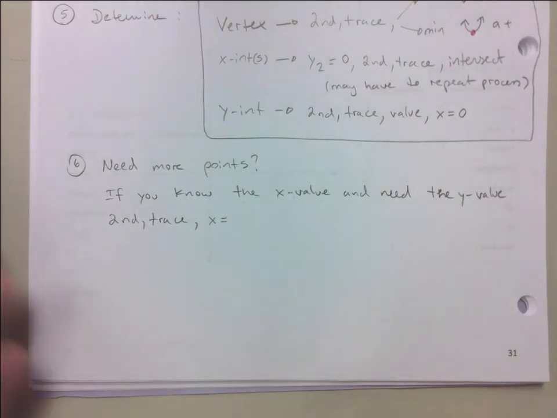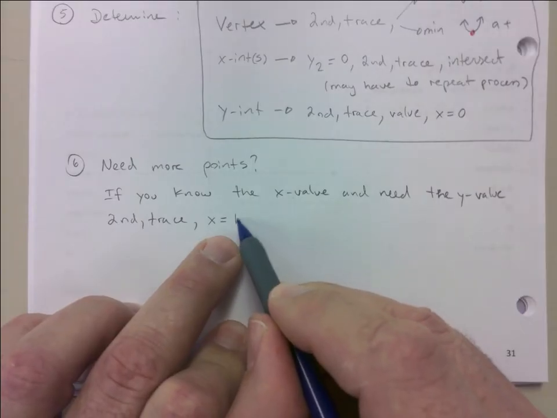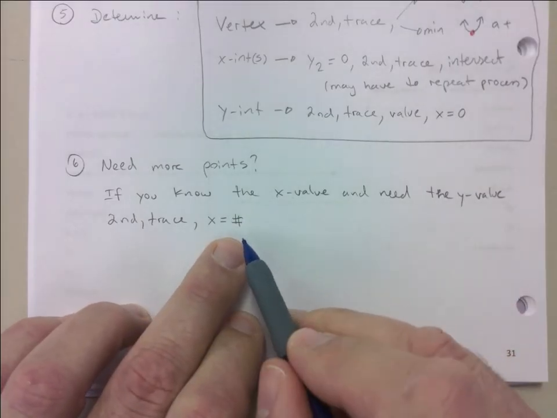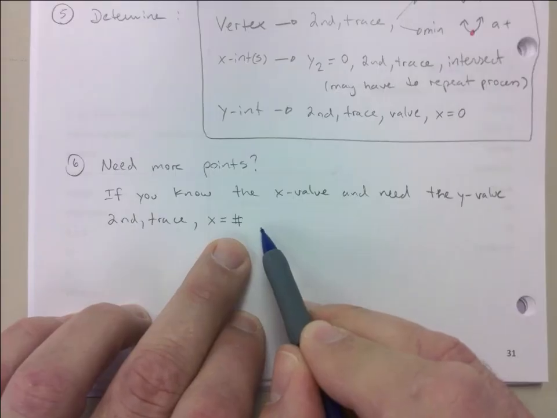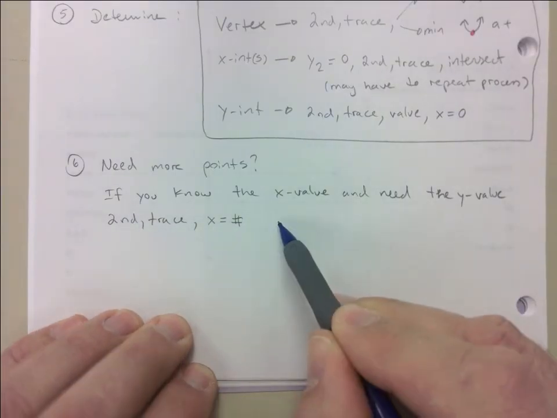And you will put in whatever the x value is that you know. So let's say x is equal to 10. It'll give you the y value. So you use this to figure that out.